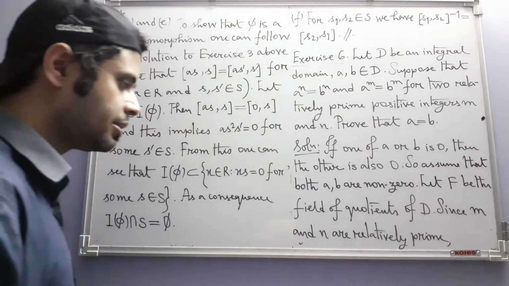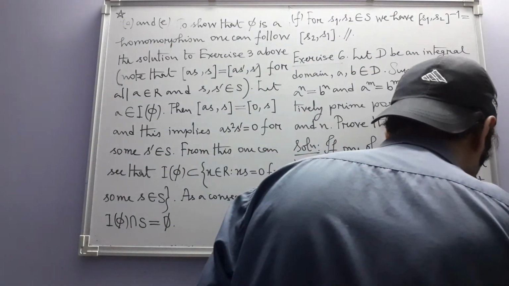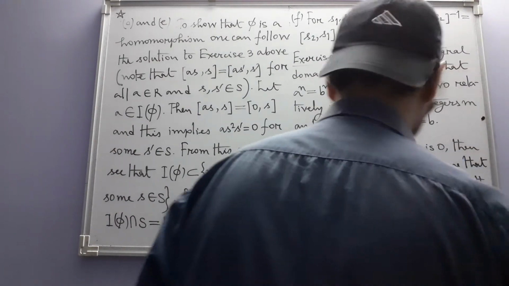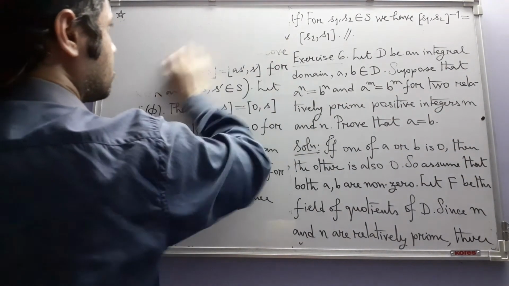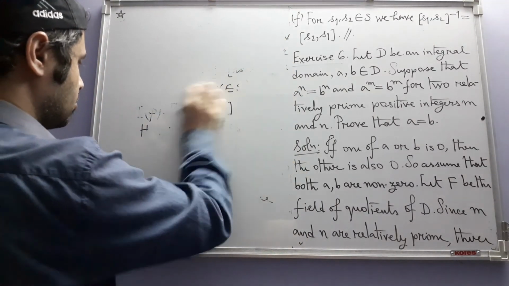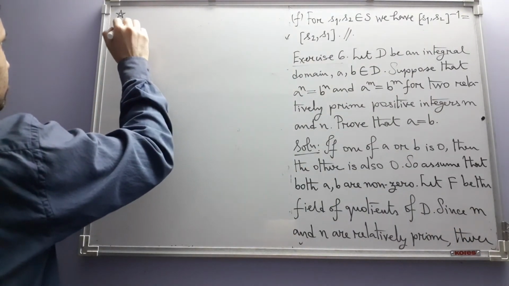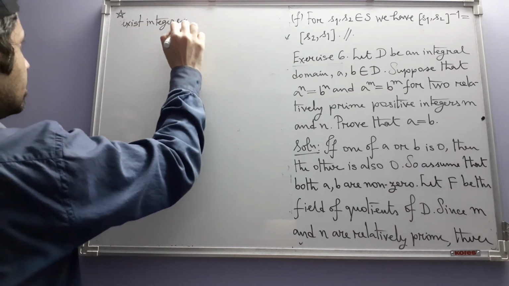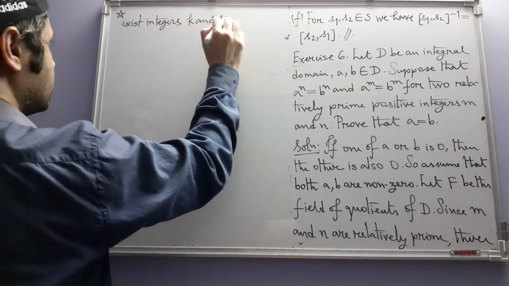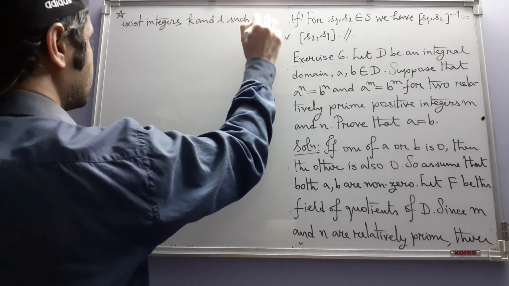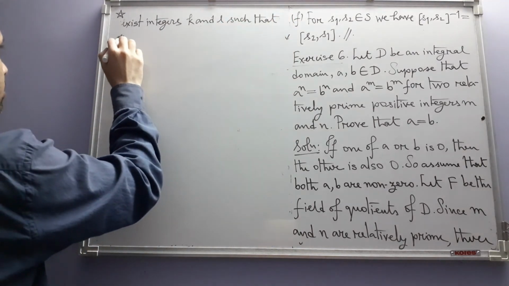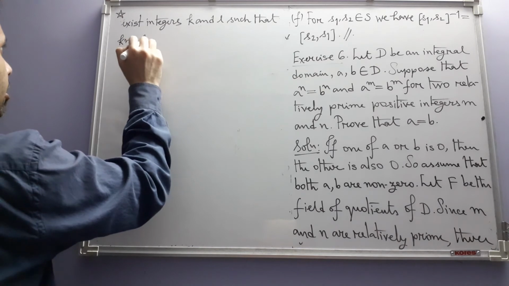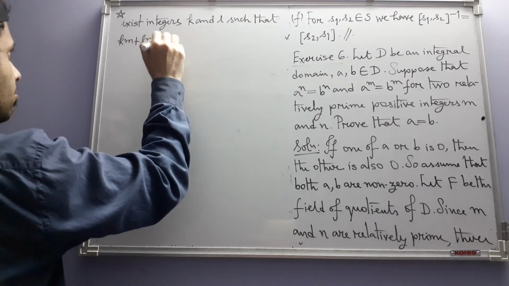So for relative primality we have that condition that an integer combination will be equal to 1. So there exist integers k and l such that km plus ln is equal to 1.